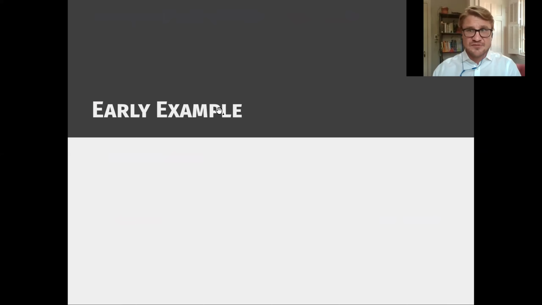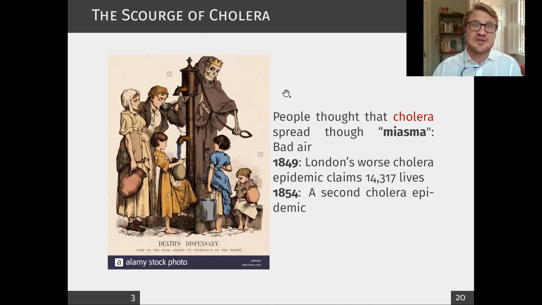Let's go through an early example, because this has a very long history that in many ways predates statistics. The canonical example was to understand the cause of cholera. In any densely populated urban setting in the 19th century, there was a high degree of defecation and not very good sanitation.